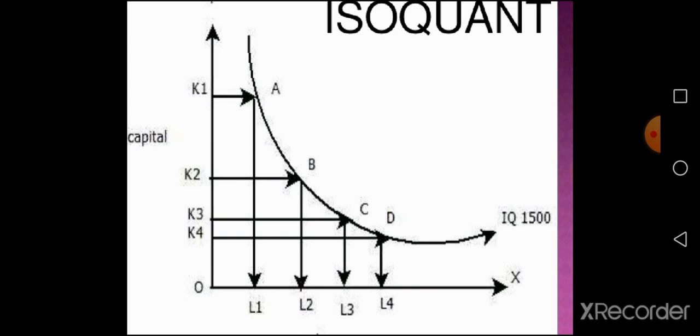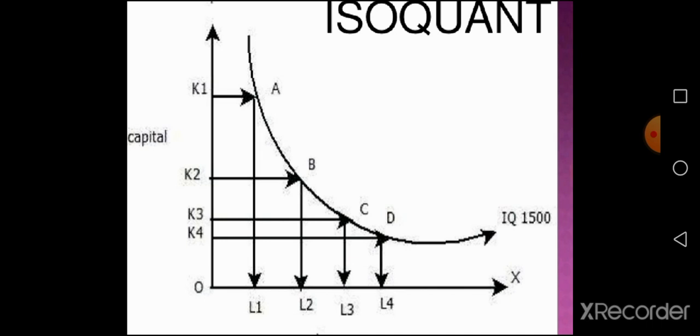In this combination, if the capital increases from O to K1, the labor decreases from L4 to L1. So by increasing the capital, labor decreases, or by decreasing the capital to K4, labor increases to L4. So this is called an isoquant curve.